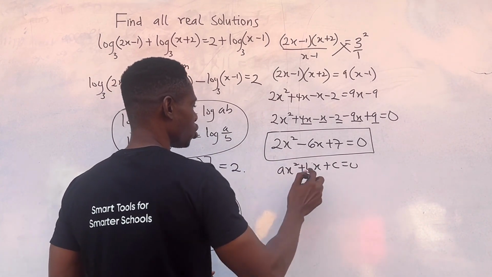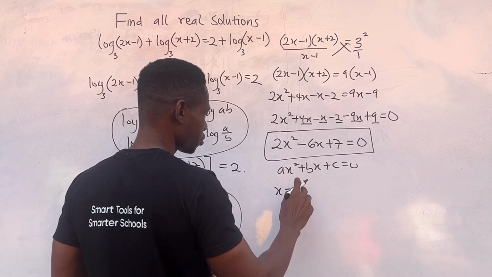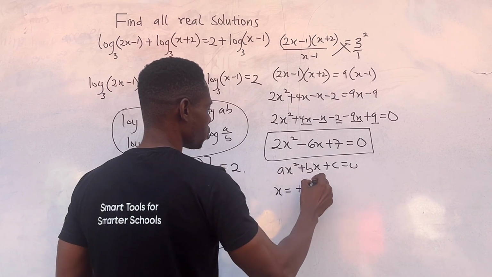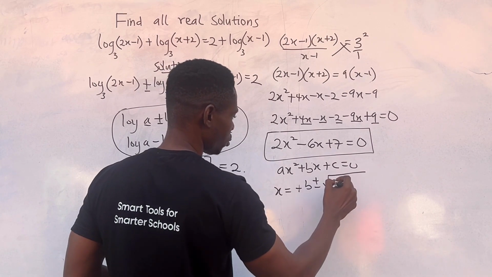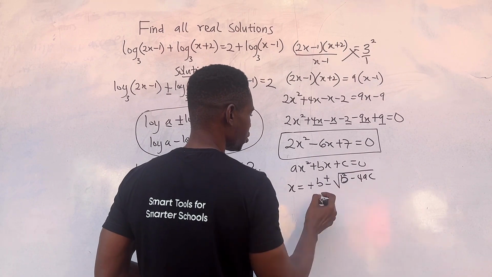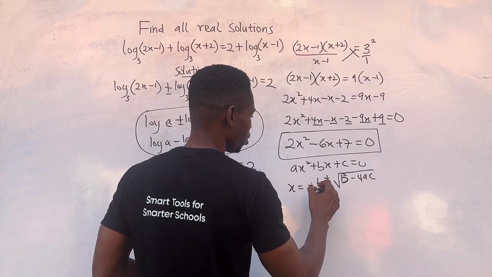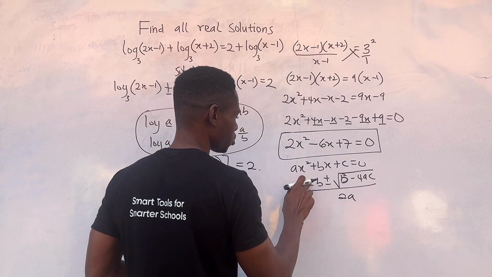So for this equation, we have our x to be equal to minus b plus or minus the square root of b squared minus 4ac, all over 2a.